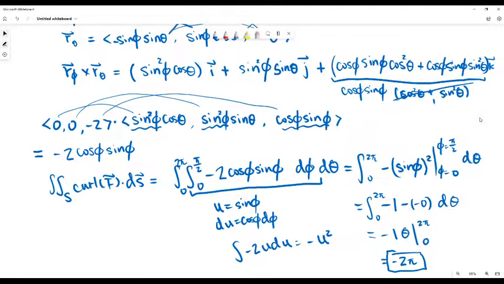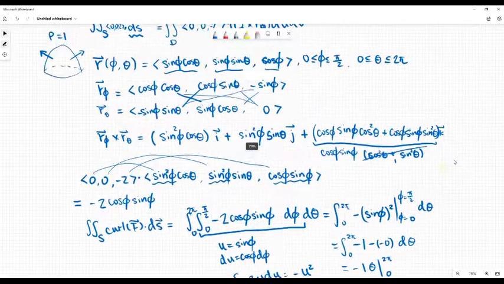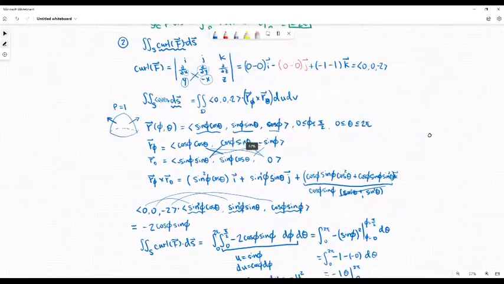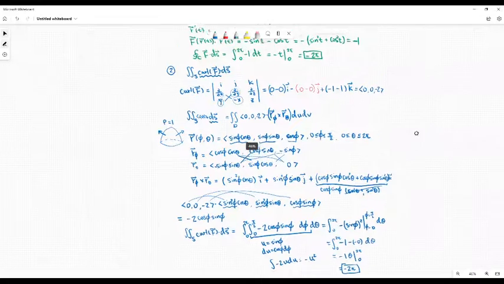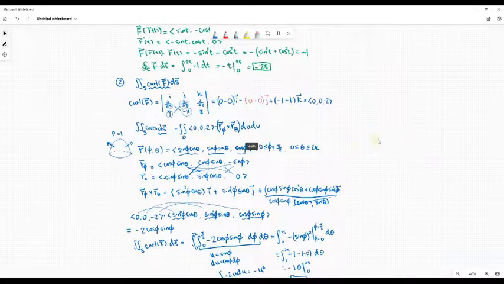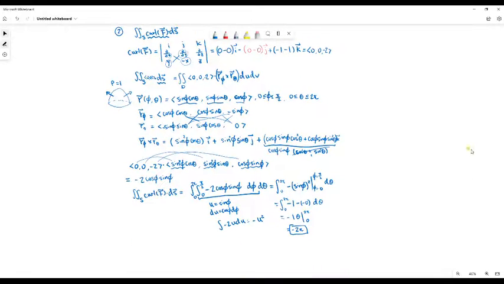So overall, both the vector line integral and the vector surface integral give us the answer negative 2 pi for this integral. And it makes sense because Stokes' theorem tells us they are the same thing.